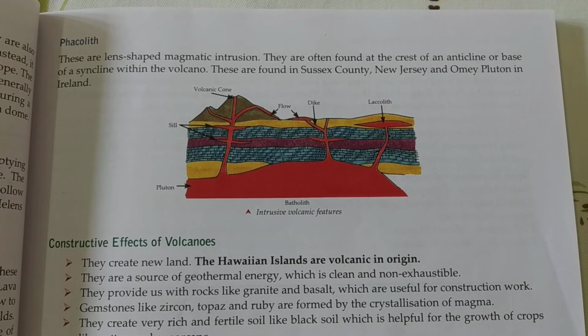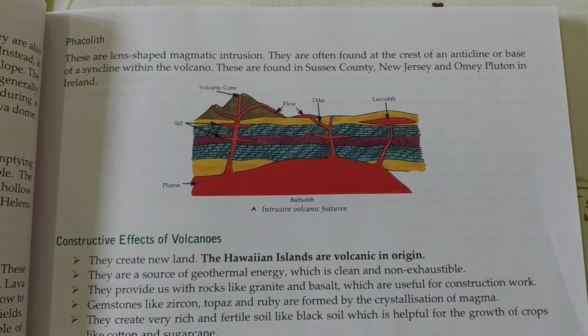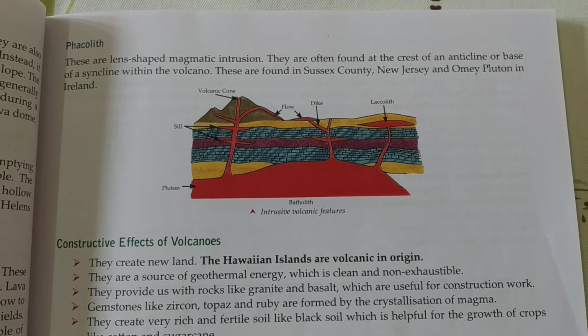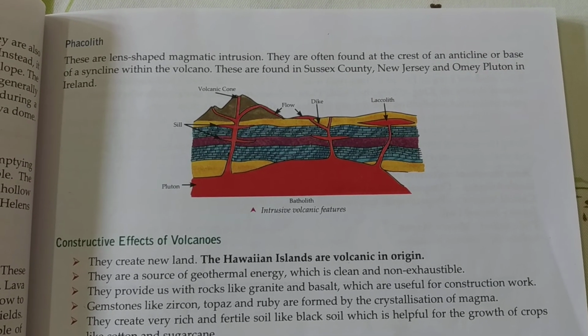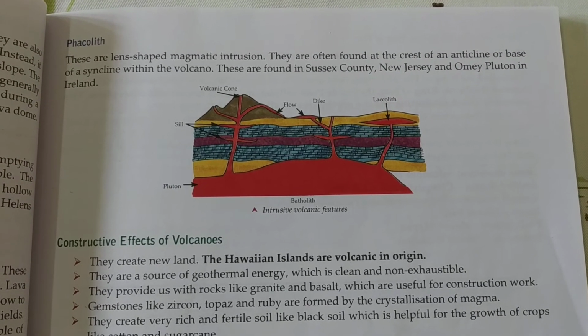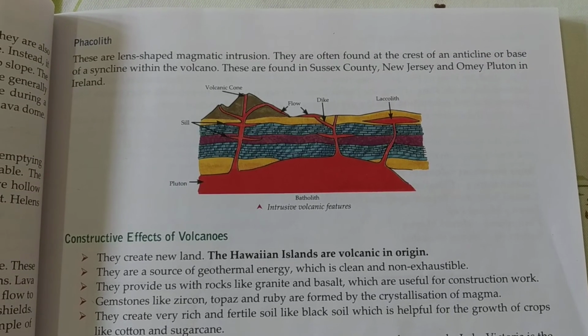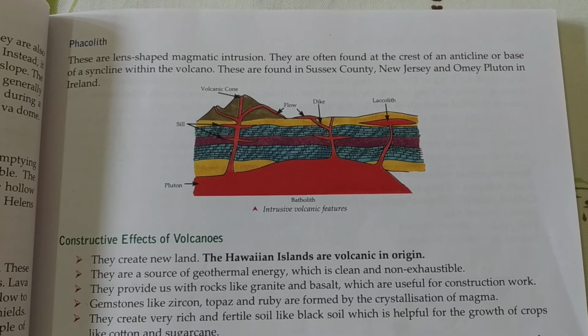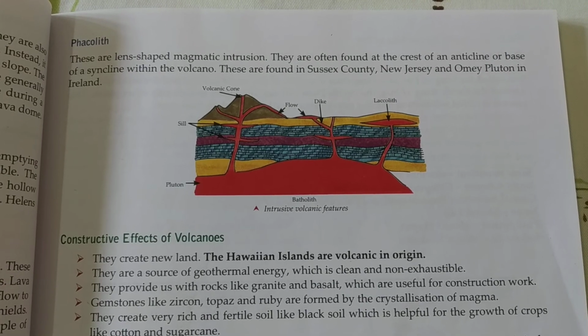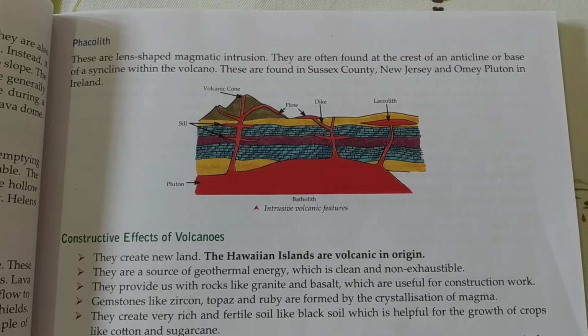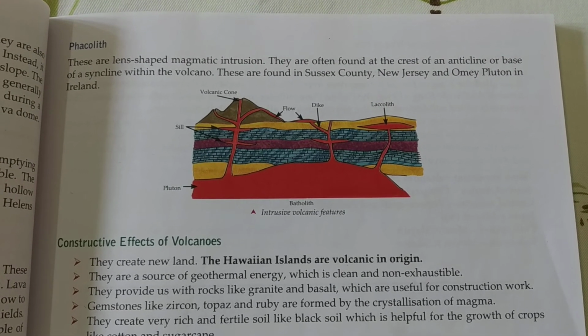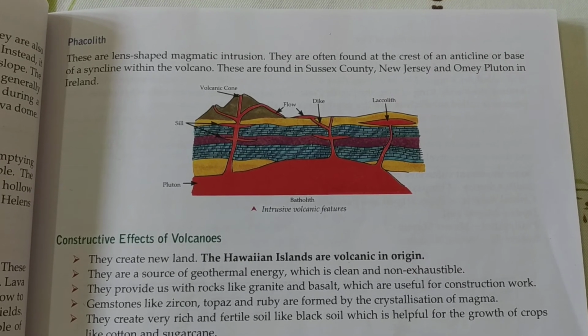There are some folds, anticlines, synclines. So at the crest of any anticline or base of a syncline within the volcano, these phacoliths are formed. You will find such things in Sussex County, New Jersey, and Ardara Pluton in Ireland.